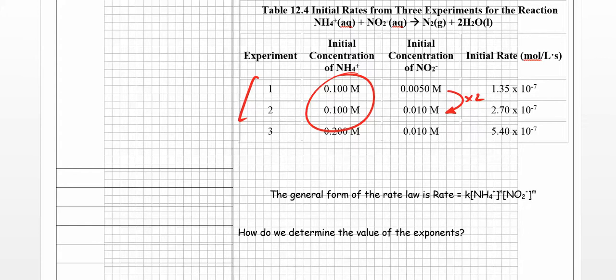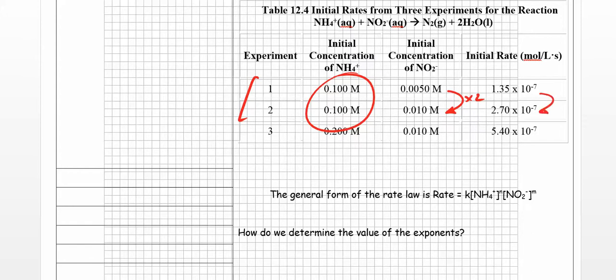Now let's look at the initial rates. As the NH4 plus concentration remains constant, when the initial concentration of NO2 minus is doubled, look what happens to the rate. The rate, 1.35 times 10 to the minus 7, becomes 2.70 times 10 to the minus 7.